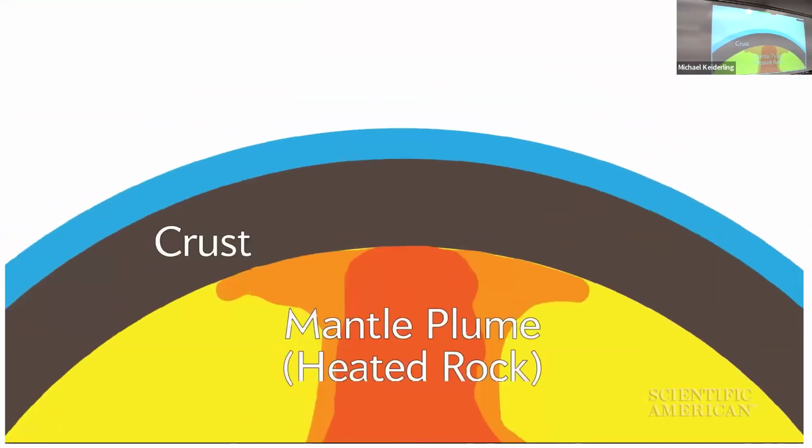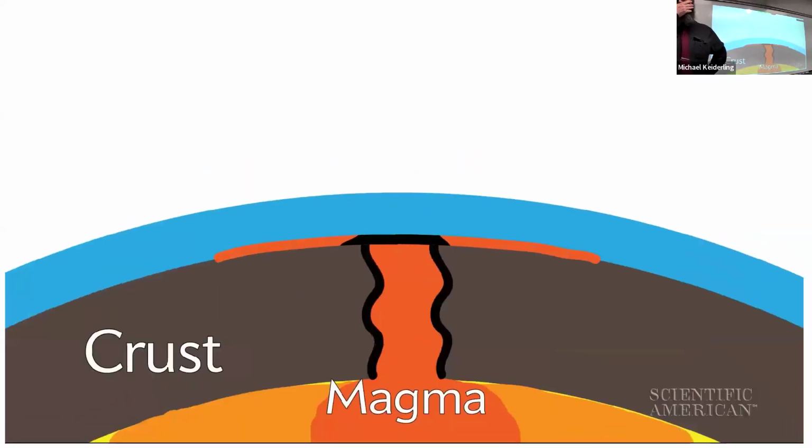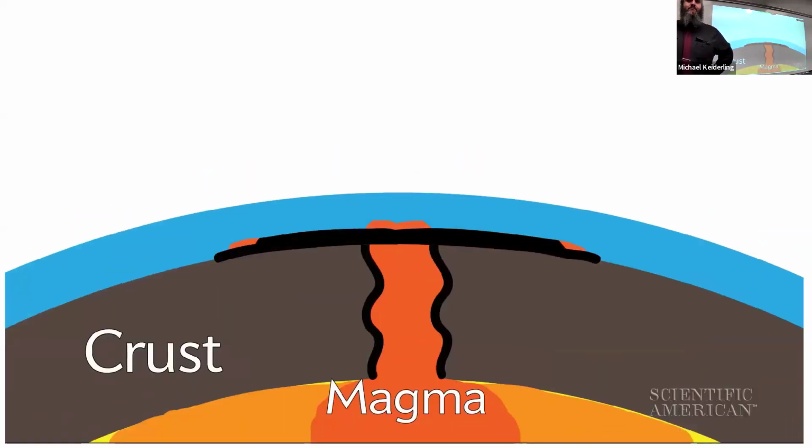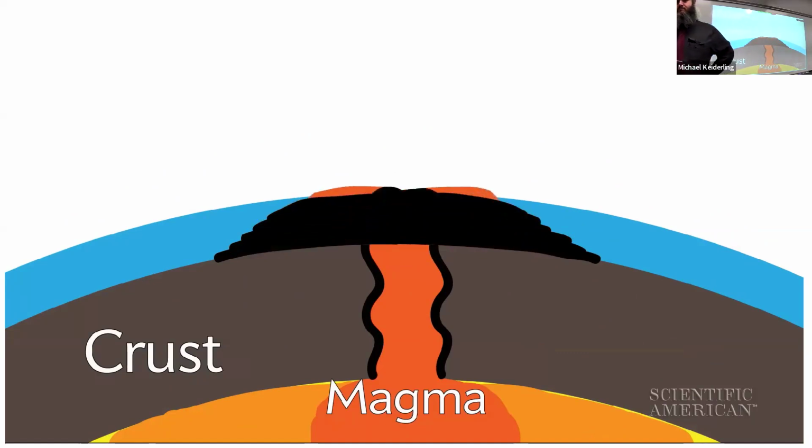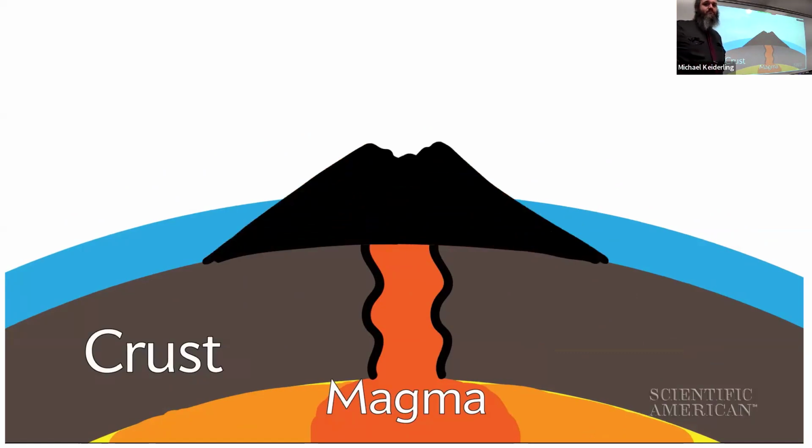Under that bulge, some of the rock melts into magma. Magma makes its way to the surface through cracks in the crust. Once it's above ground, it's known as lava. Hawaiian volcanoes produce lava flows made of melted basalt, which is more liquid than lava produced by more explosive volcanoes like Mount St. Helens. Basaltic lava flows form volcanoes with gently sloping sides.